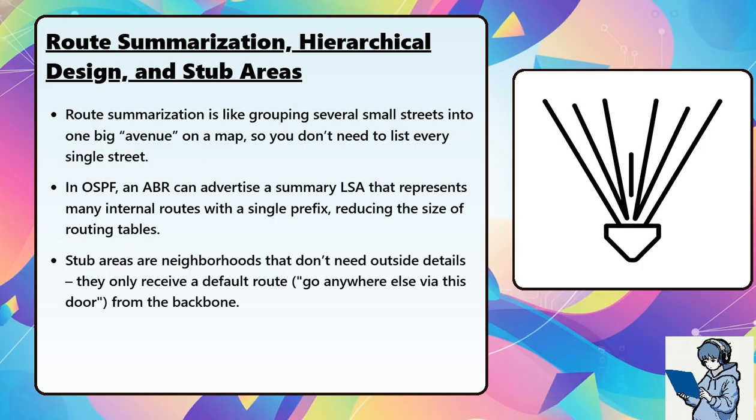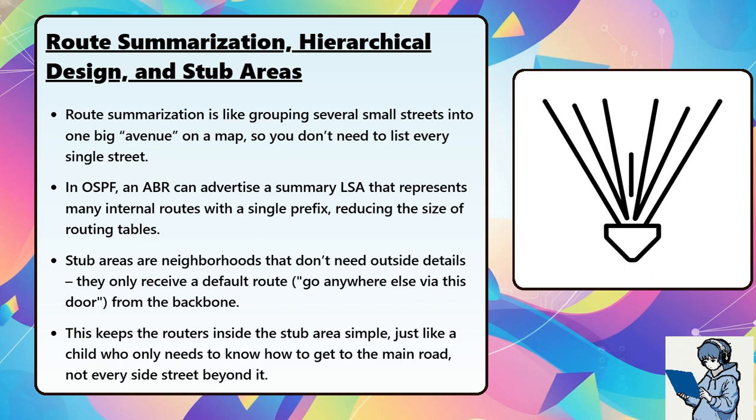Stub areas are neighborhoods that don't need outside details. They only receive a default route, go anywhere else via this door from the backbone. This keeps the routers inside the stub area simple, just like a child who only needs to know how to get to the main road, not every side street beyond it.